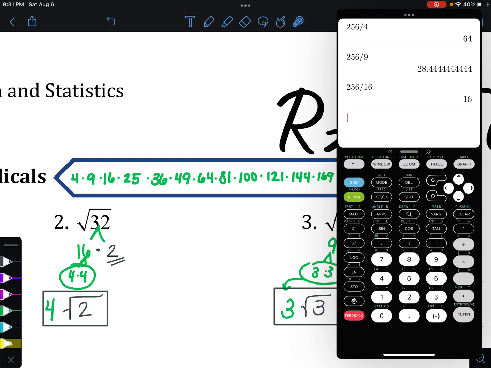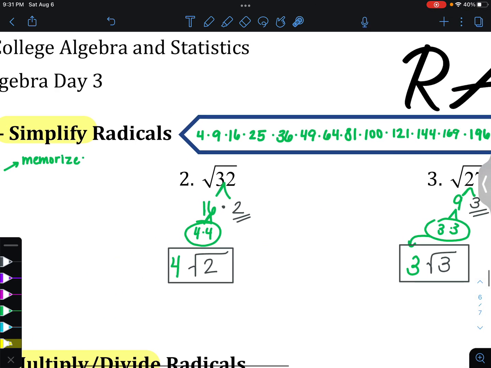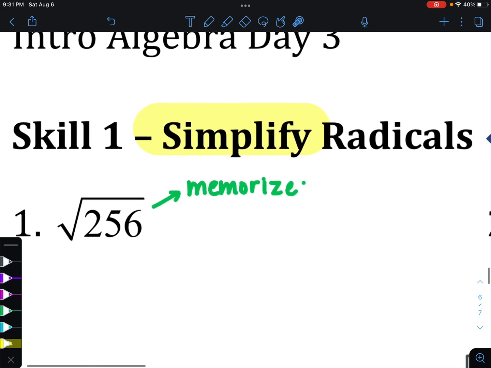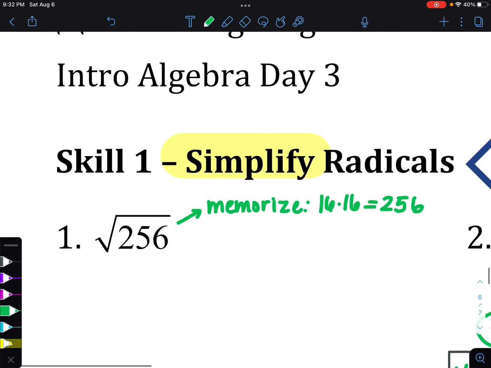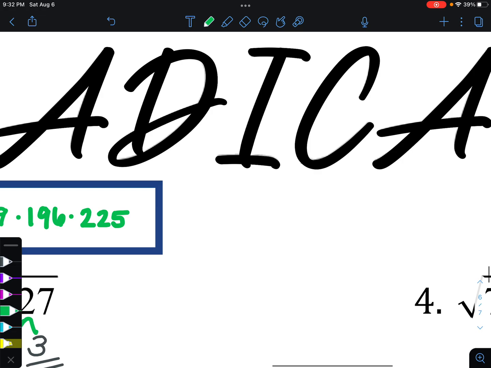Do you guys see that partner there? So this one is a unique one. 16 times 16 is 256, meaning 256 is a perfect square, right? So we know that the square root of 256 is 16. We could actually add 256 to our list.